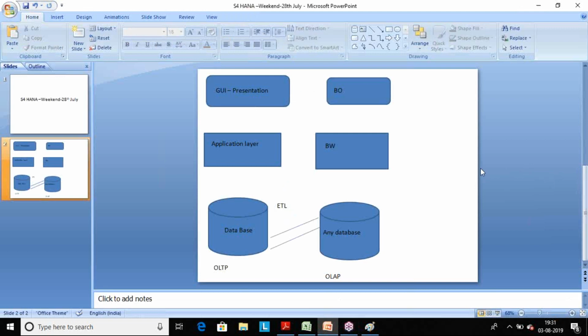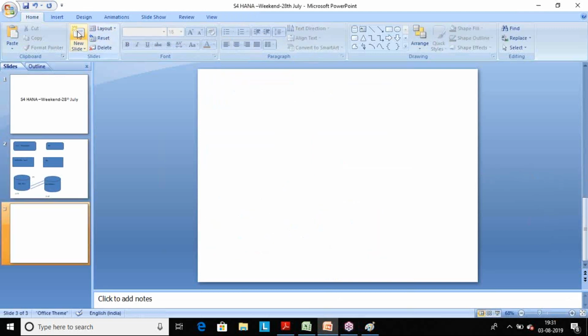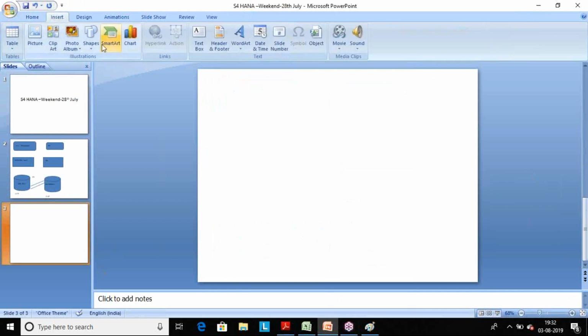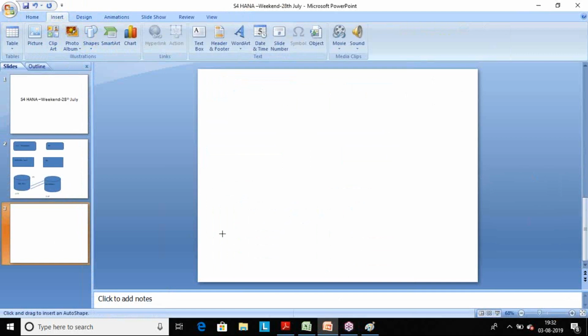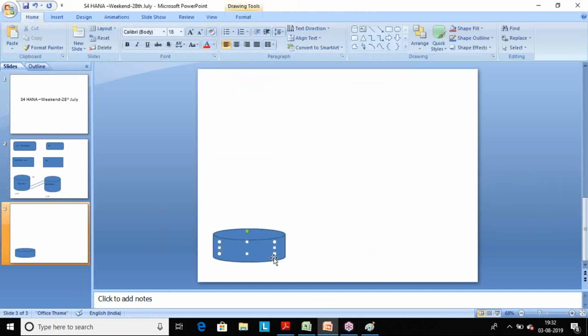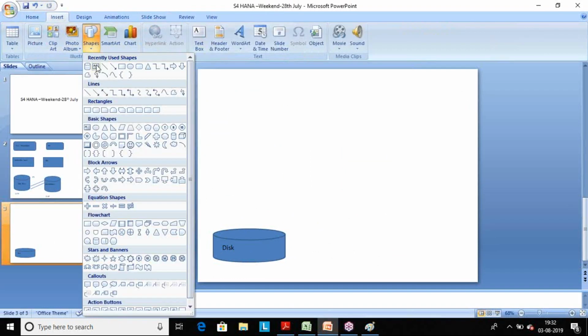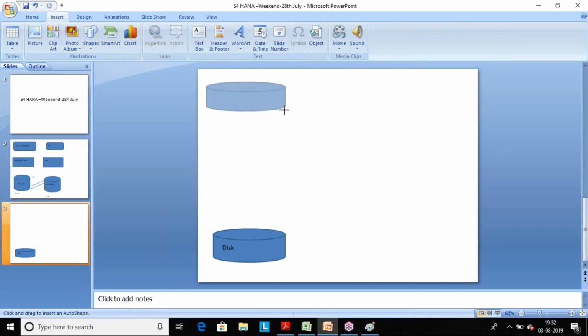Back to my example. If you see, your existing architecture is here. You have the disk, because I told you in a traditional system you are going to store the data in the magnetic disk. So this is your disk. Then you are using a processor, or this is your CPU.